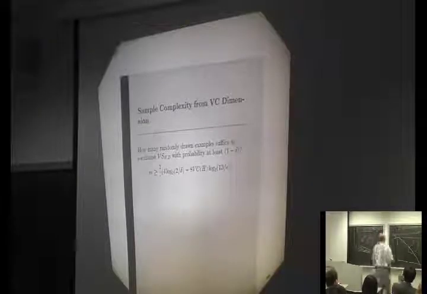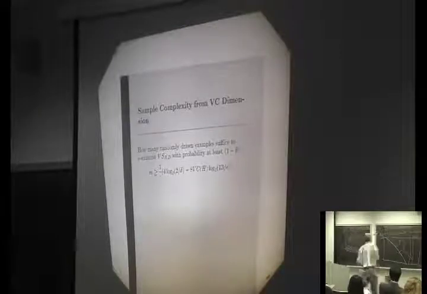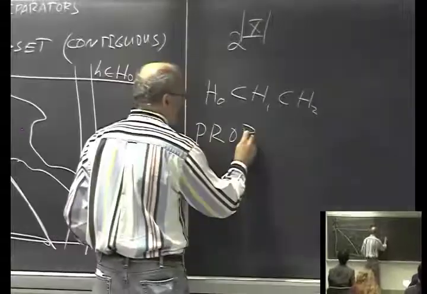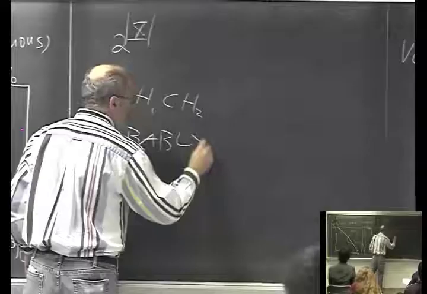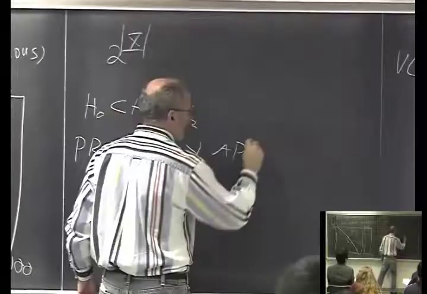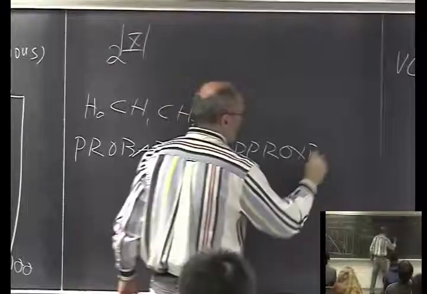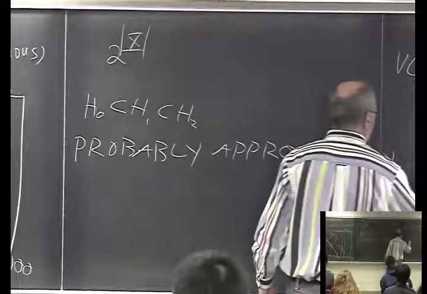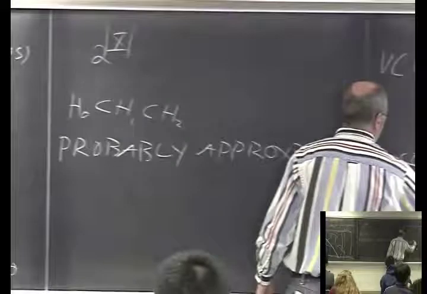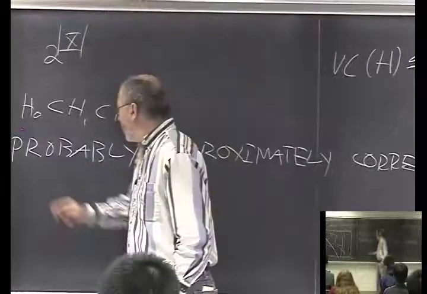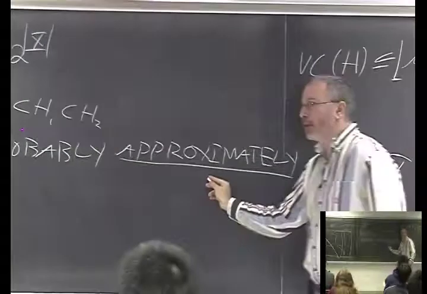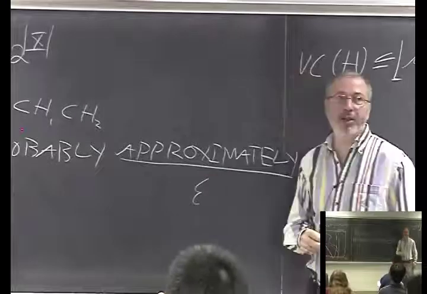Let me write it and write the epsilon and delta next to it. First of all, the approximately. Approximately is related to our epsilon, the degree of desired approximation.